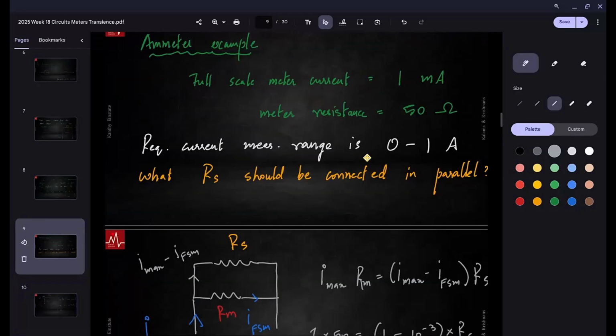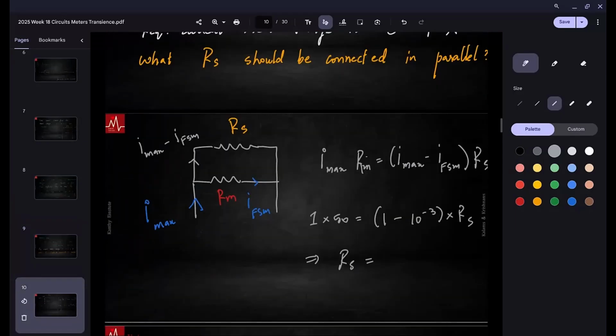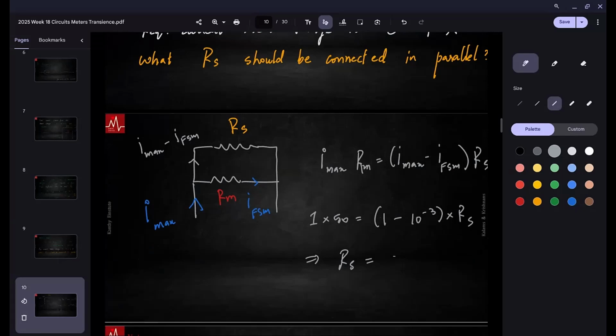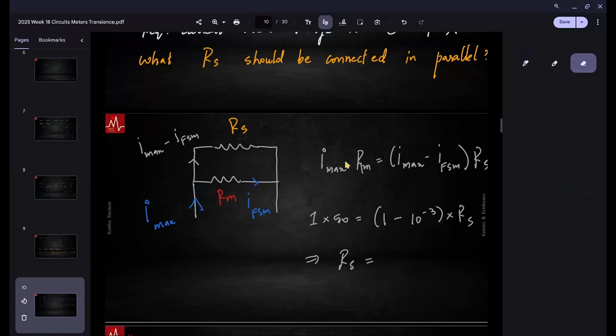Minus full scale is correct. Now I'm getting approximately 50.